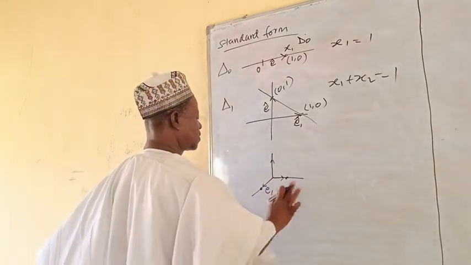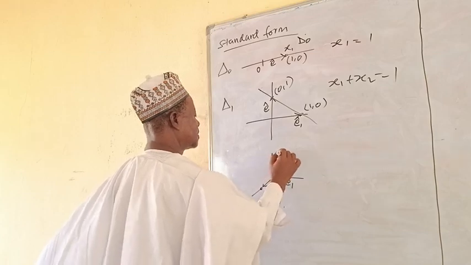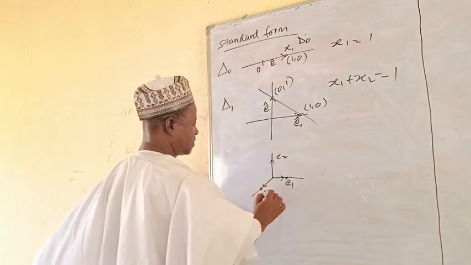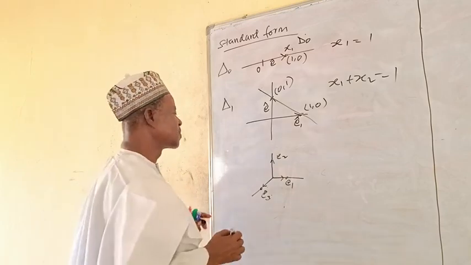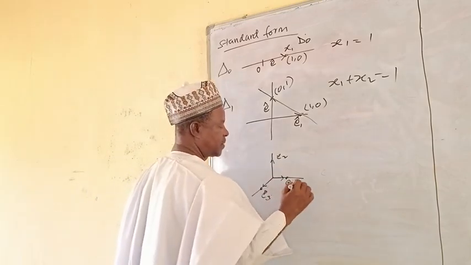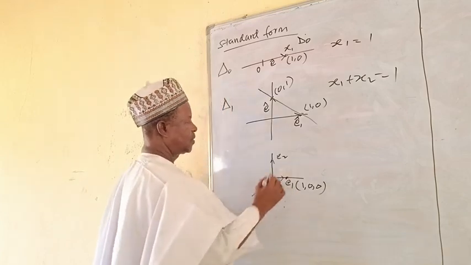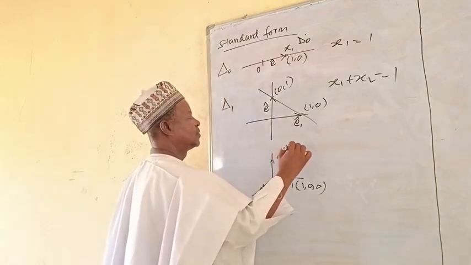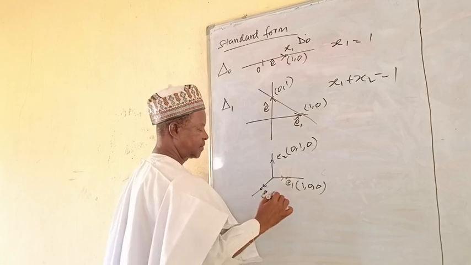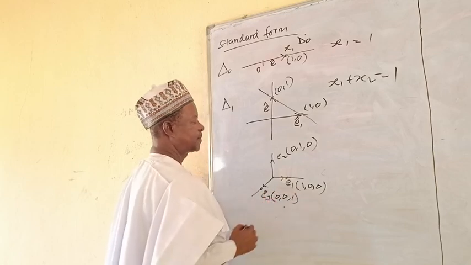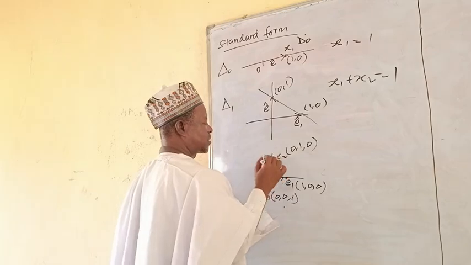Or if you like, you can also say this is your X, Y, Z. Now a unit vector in E1 is characterized by 1, 0, 0, E2 by 0, 1, 0, E3 by 0, 0, 1. And the equation of this is going to be, now, what is the convex hull?